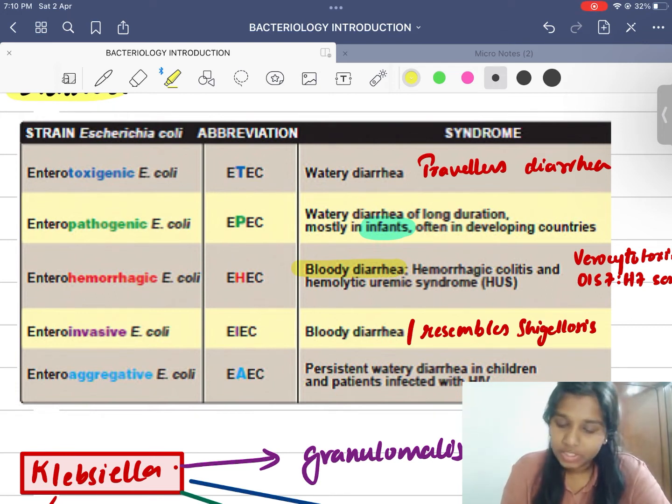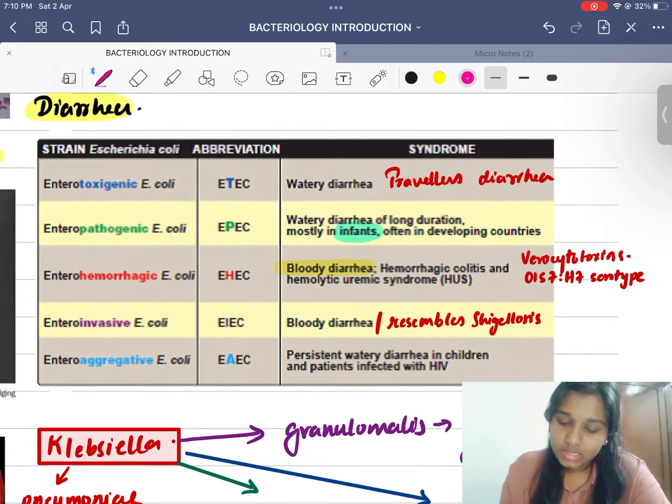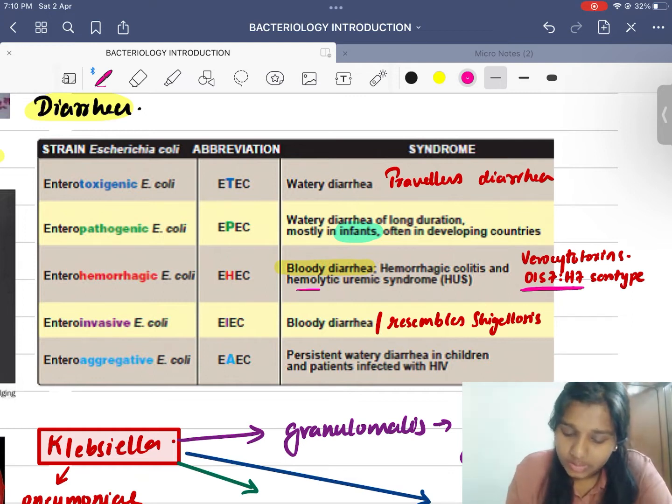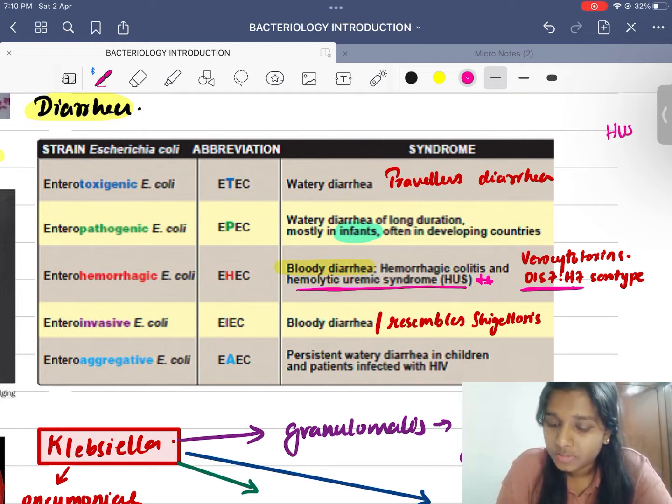And one of the serotypes is O157:H7, right? This is the E. coli which is going to cause hemolytic uremic syndrome. If you revise here, what was the triad of hemolytic uremic syndrome? You had hemolysis, you had uremia, and you had thrombocytopenia.